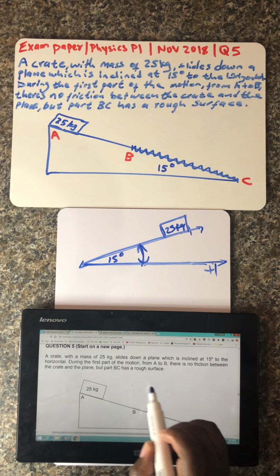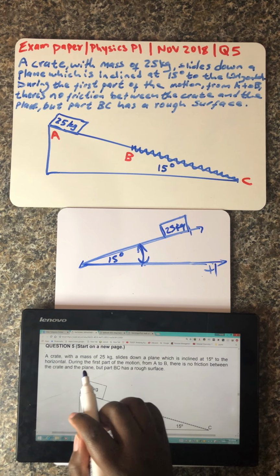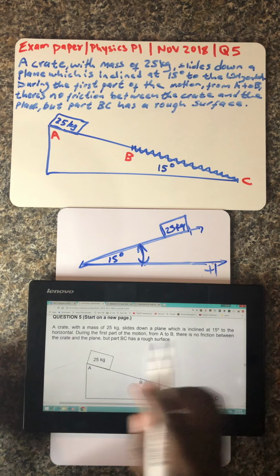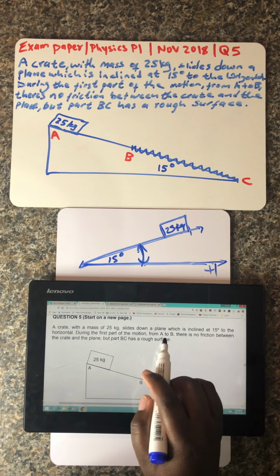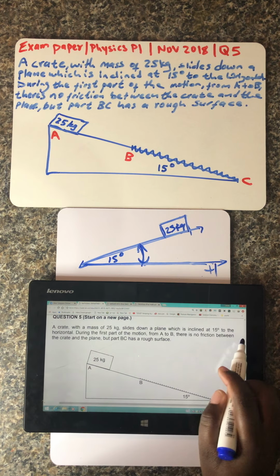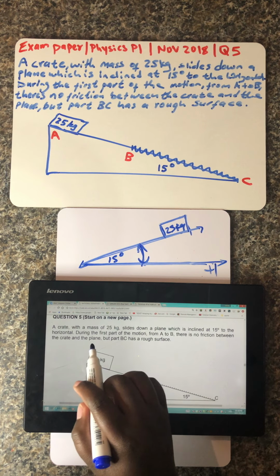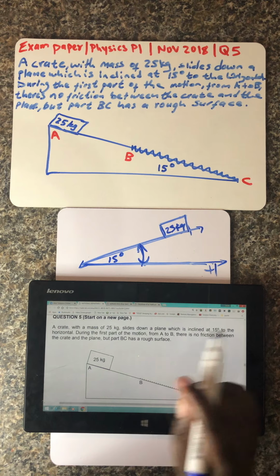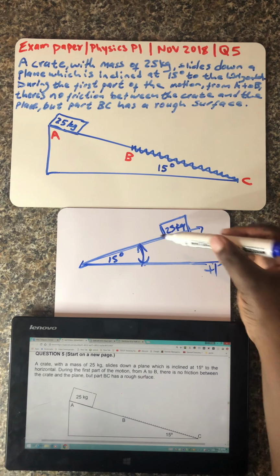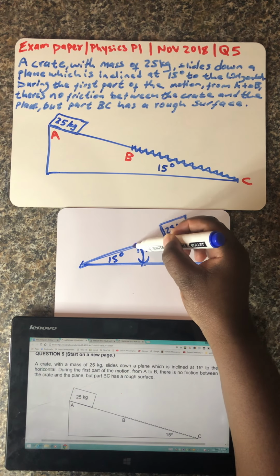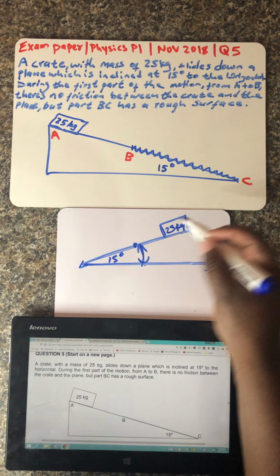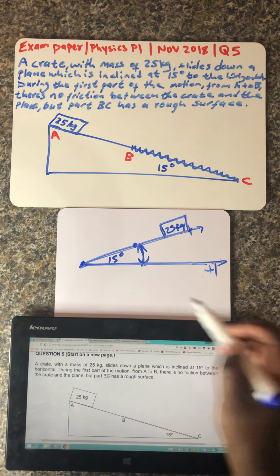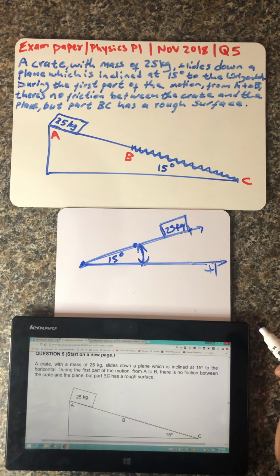So guys, the statement continues to say during the first part of the motion from A to B, there is no friction between the crate and the plane, but part BC has a rough surface, which is an indication to me that from the top up until the bottom, there's a portion which is smooth and there's a portion which is rough.